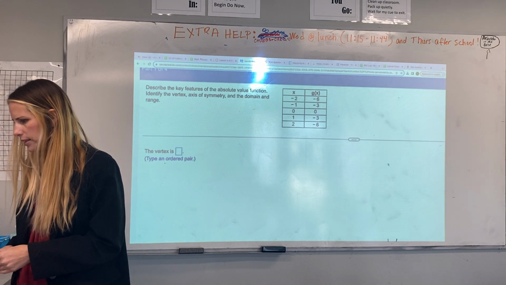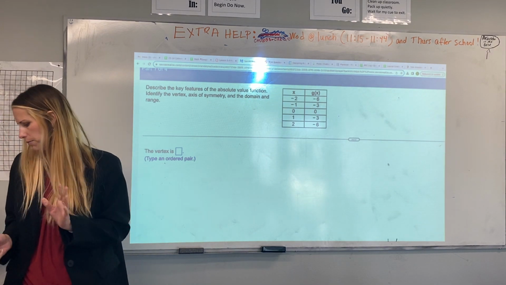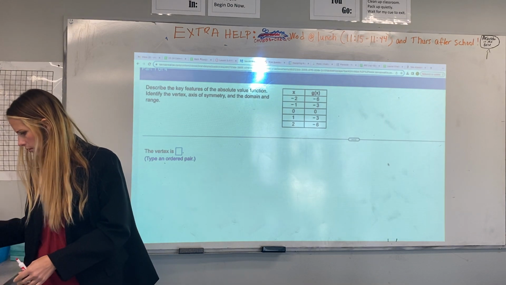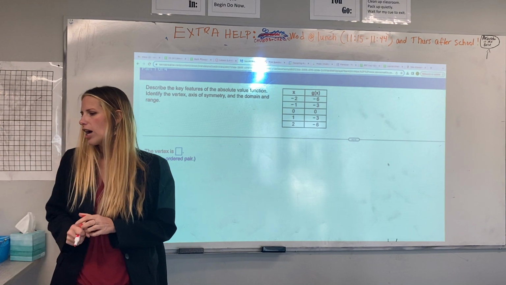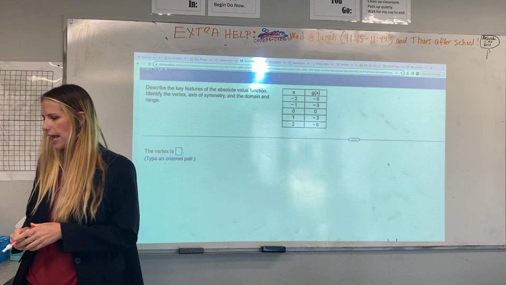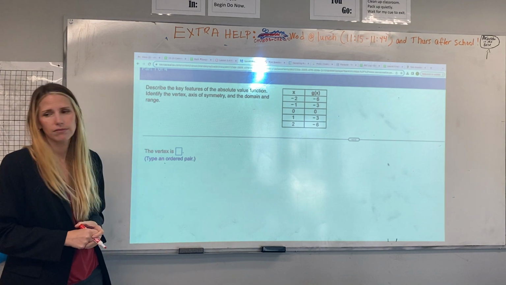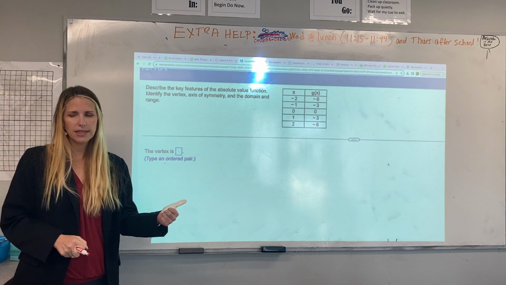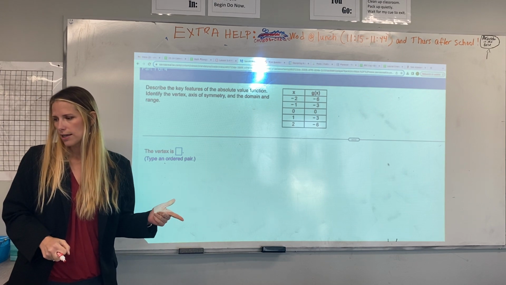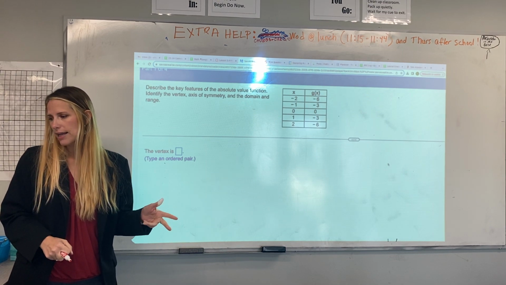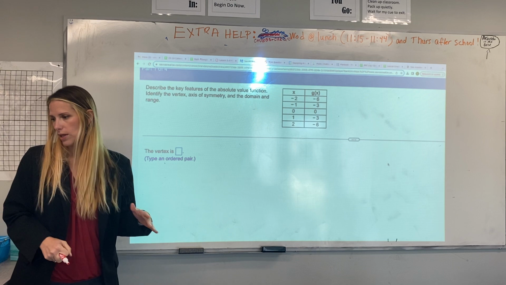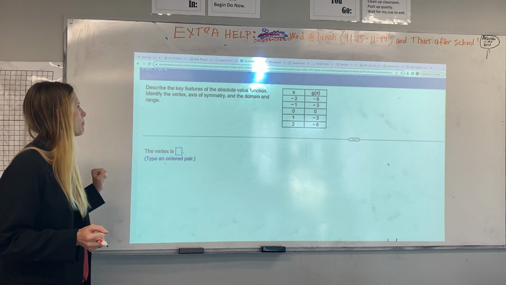All right, so it says describe the key features. This is a multi-step question, I believe. Describe the key features of the absolute value function. Identify the vertex, the axis of symmetry, and the domain and the range. So that's like 4 questions in one.